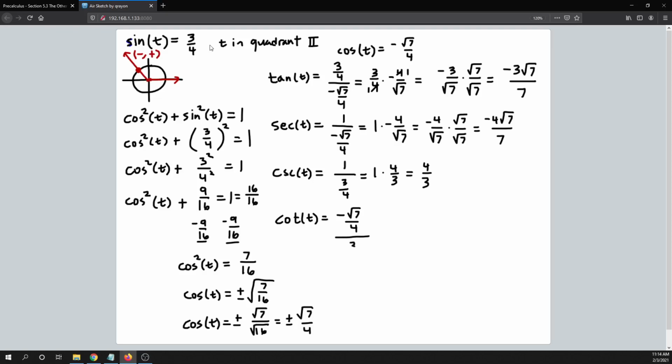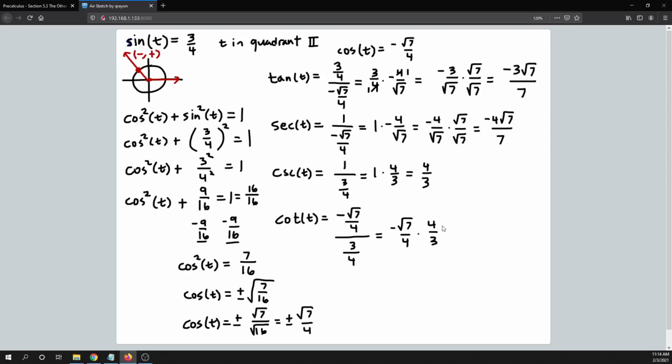So that's going to be negative square root of 7 over 4 divided by 3/4. And dividing by 3/4 is the same as multiplying by the reciprocal, which is 4/3.